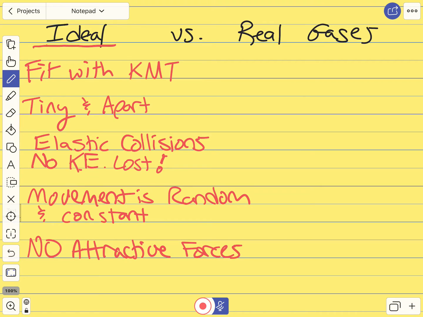The last big thing, I'm going to change my pen for this because this is muy importante. The average kinetic energy, so I'm going to say average, AVG, kinetic energies, KE, the average kinetic energy is proportional, that's what proportional is, to temperature in kelvins.